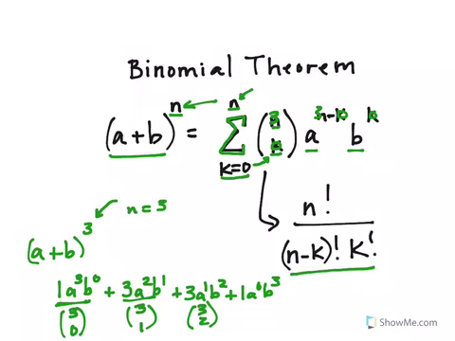Well, I don't need to expand the whole thing for this problem. I just need a specific term. So instead of using this sum portion, I just need this portion of my formula.